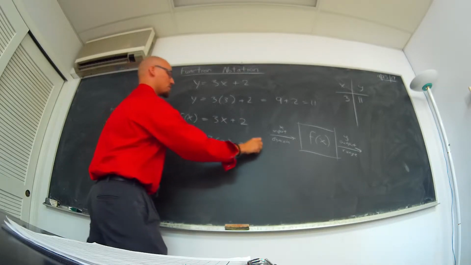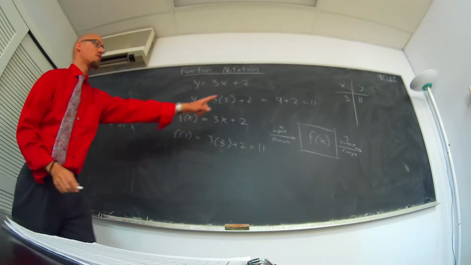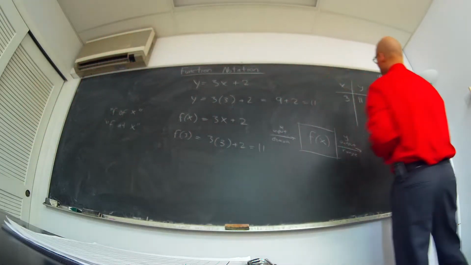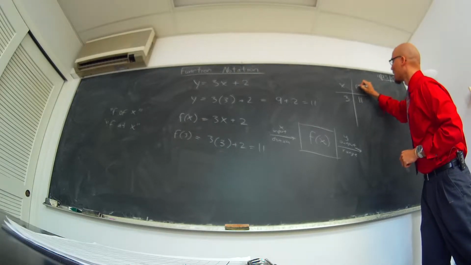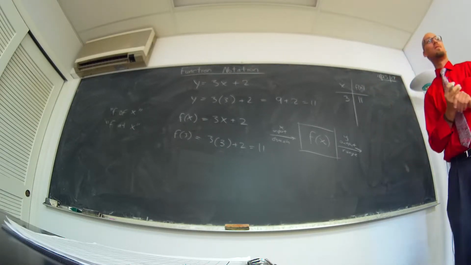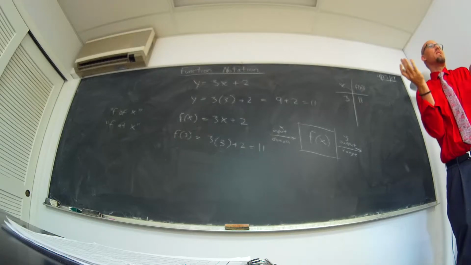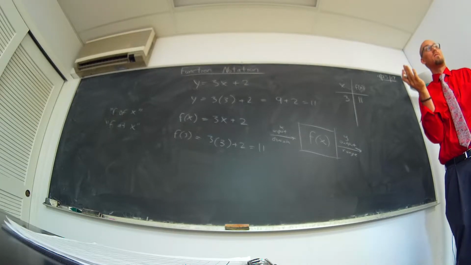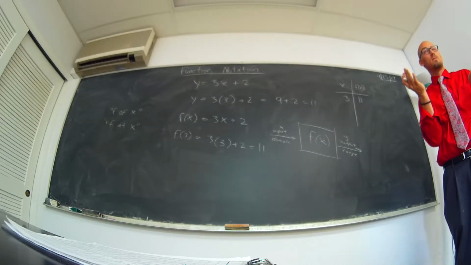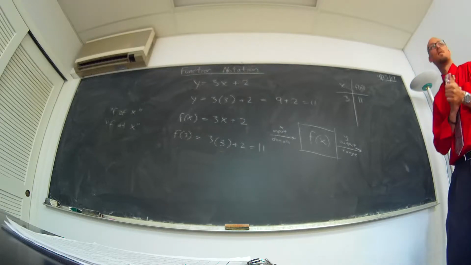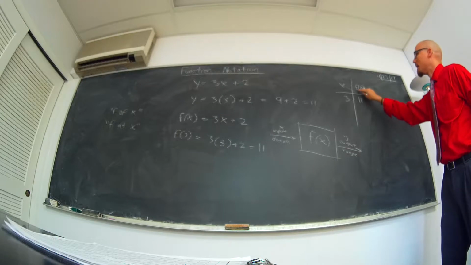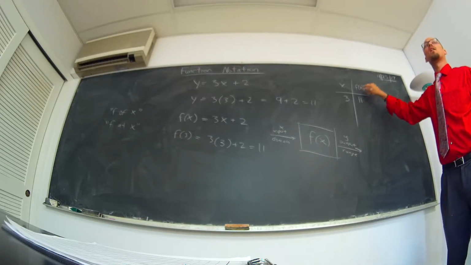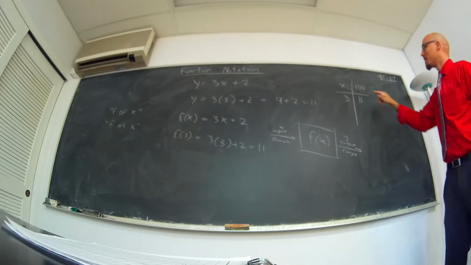And this is 9 plus 2, which is 11. So you could turn this table, instead of an xy table, into an x and f of x table. f of x is really y in disguise. It's y with one of those glasses, with the nose and the mustache. It's really just y, but it's convenient because you can plug the x value into this.